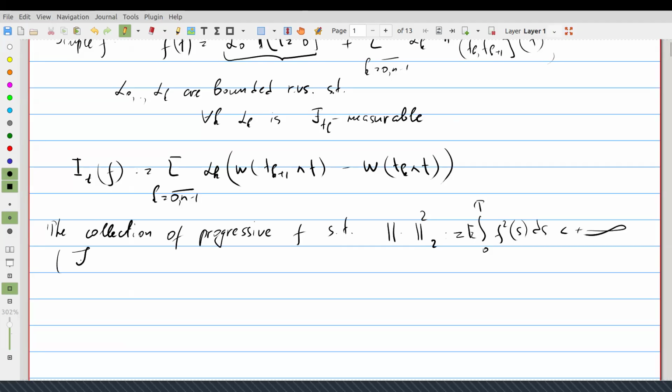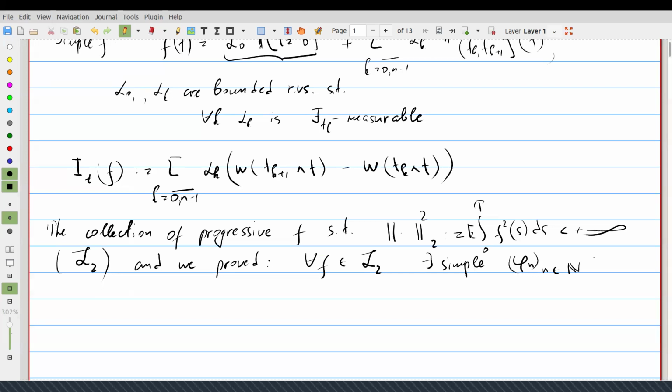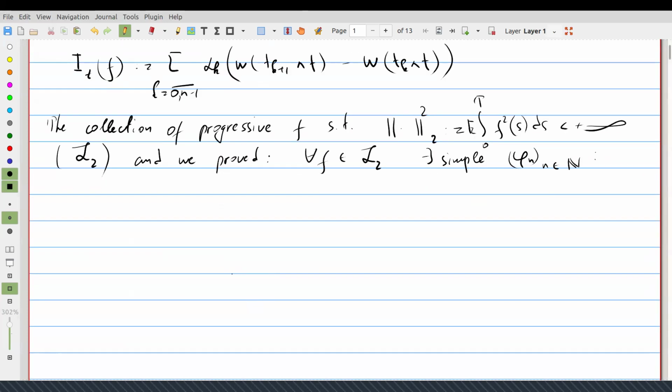We will denote it L2, and we proved that for every f belonging to L2 there exists a sequence of simple phi n such that phi n converges to f in this norm.